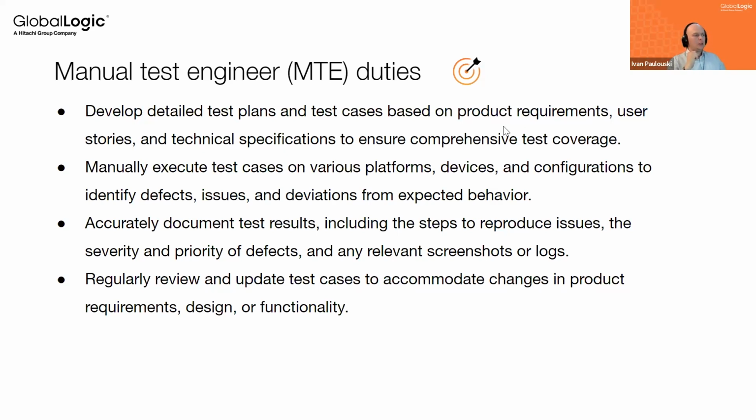And it's very good when, while entering the project, you have a clear understanding of your responsibilities as a quality assurance engineer. So here we will just list the typical structure of test engineer duties.